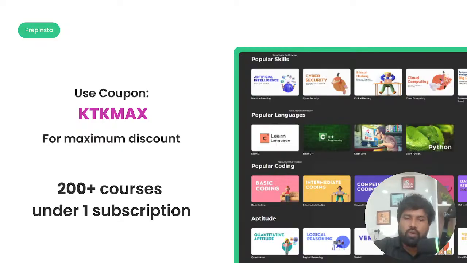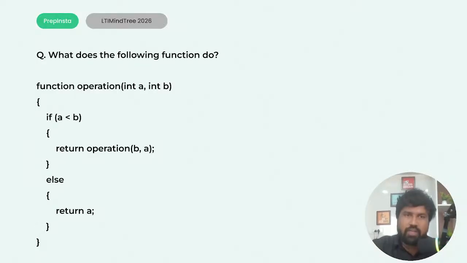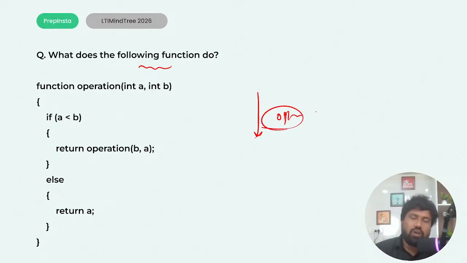Okay, so let's dive into the next question. What will the following function do? Just look here, they will give you the options, guys. Whatever it is doing, if you find it, you can choose the option. In order to save space, I haven't given the options, and students are also unable to recall the options.